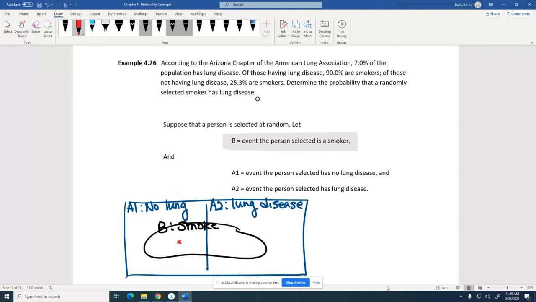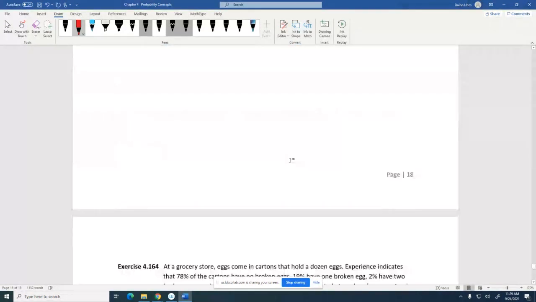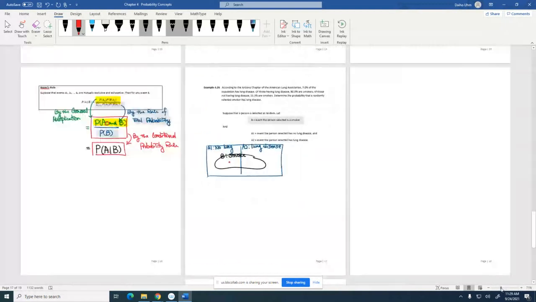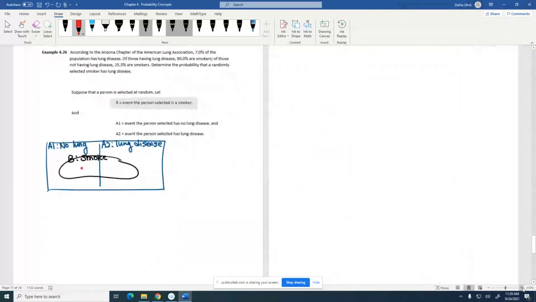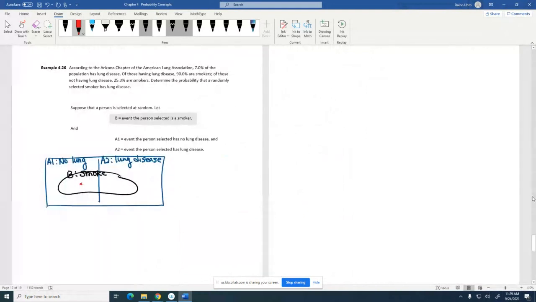Also, let me make the tree. Just a second. Can I make the two pages? Yeah, it's good. It's not only the Venn diagram, but also let me make the tree. You know, last class, we made a tree. So at the very beginning, we have two groups, A1, A2.